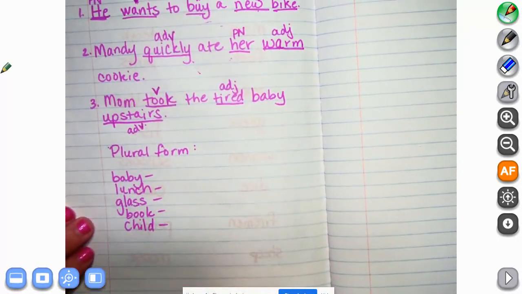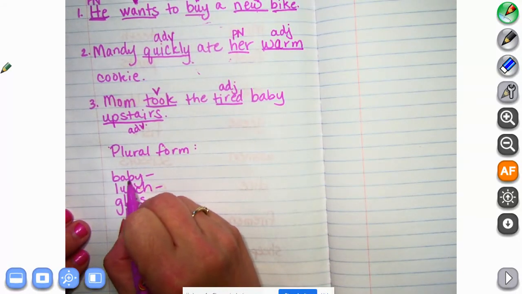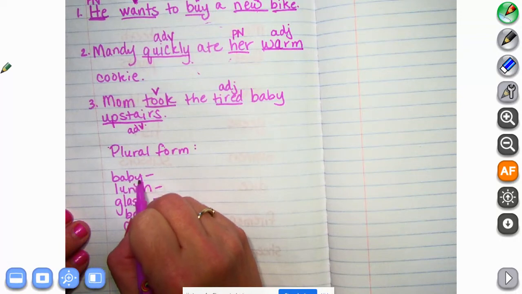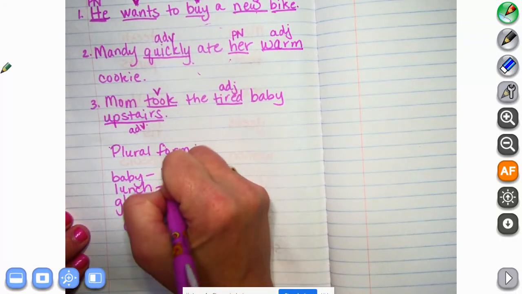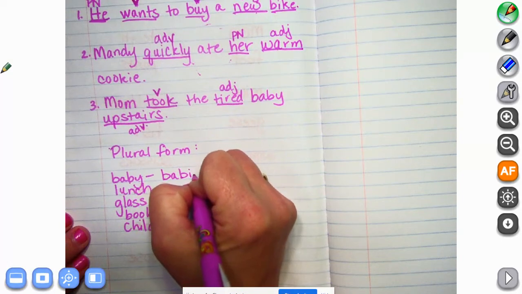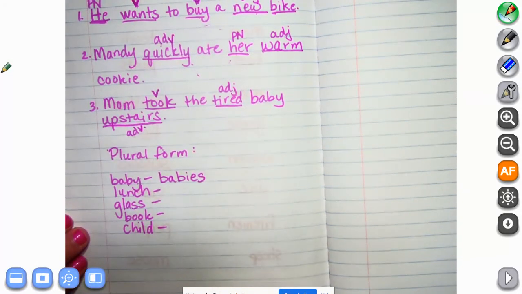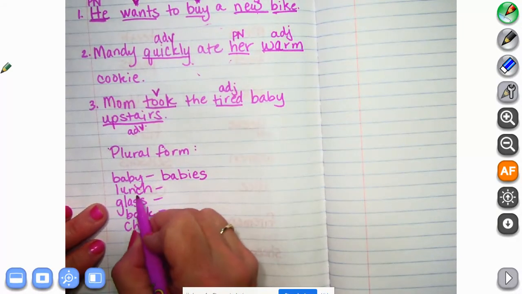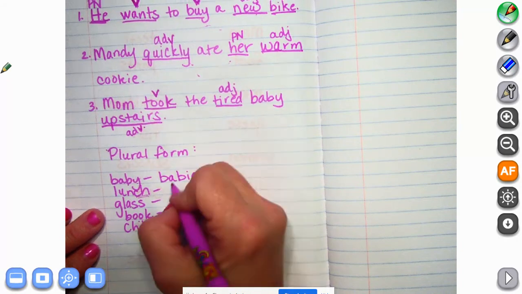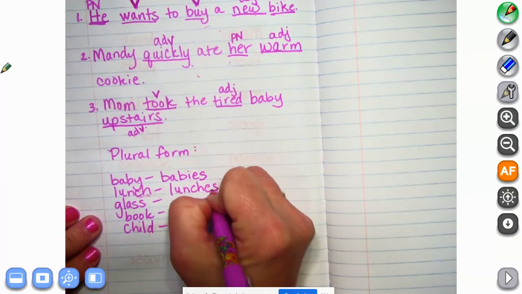Okay, the plural form of baby. Well, I know if it ends with a Y, I look at the letter before it. If it's a consonant, I drop that Y and make it an IES. That is a consonant, so I say babies, B-A-B-I-E-S. Drop the Y, add IES. Lunch ends with CH, so I know that I add ES. Lunches.